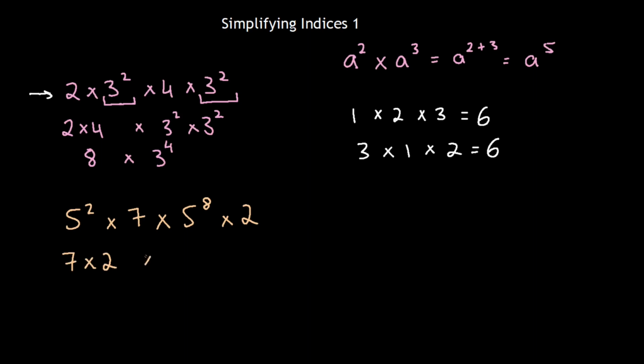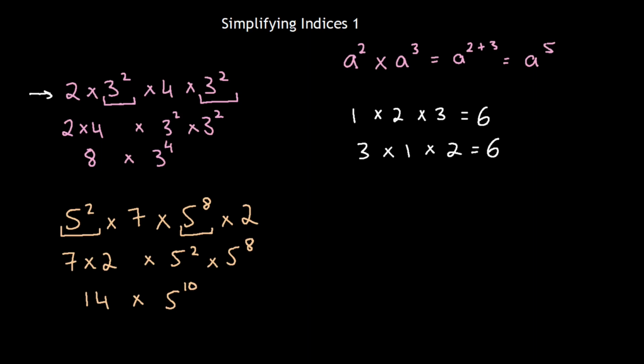And then we're going to multiply that by the indices, the base and the index. I'm going to go 5 squared times 5 to the power of 8. So that'll be 14 times, now here we can add the indices because we are multiplying, so it will be 2 plus 8, which is 10, and that's your answer. 14 times 5 to the power of 10.